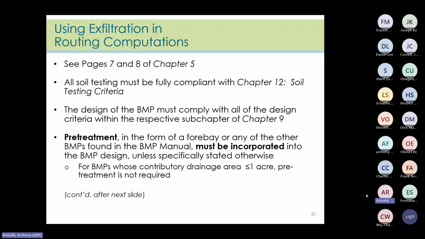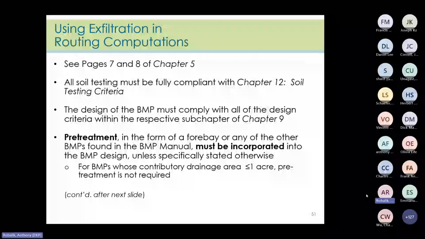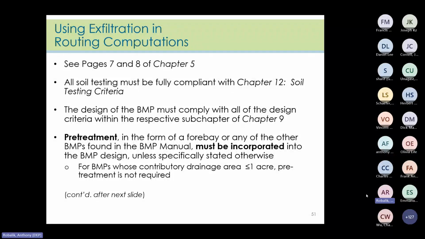Also, all design criteria as provided in the respective chapter of the BMP manual must be followed before the BMP can be approved. And pretreatment must be included unless otherwise stated in the BMP manual. An exception would be for those really small scale BMPs where the drainage areas are less than or equal to an acre.